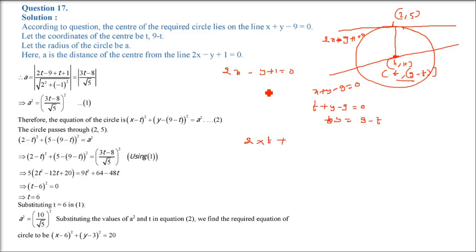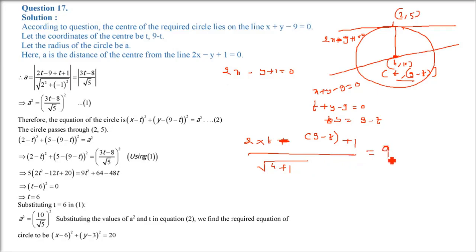So 2 into t minus y, which is 9 minus t, plus 1, divided by under root 2 square plus 1 square, 4 plus 1.